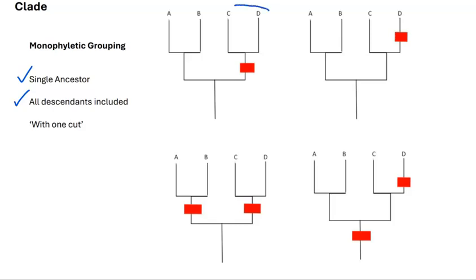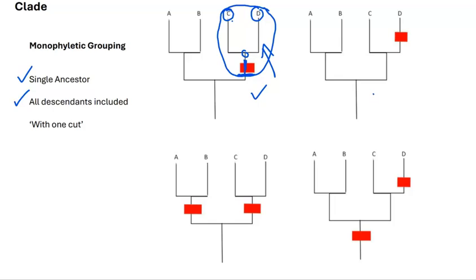If we circle this group here, are C and D a clade? Well, it includes the descendants C and D, and we have this node point here indicating this is the single ancestor. So if we cut the cladistics diagram at this point, then this is indeed a genuine clade. So that one's a good one.